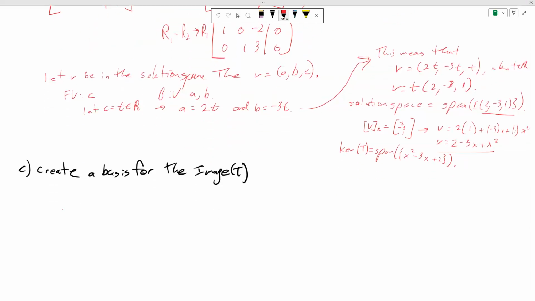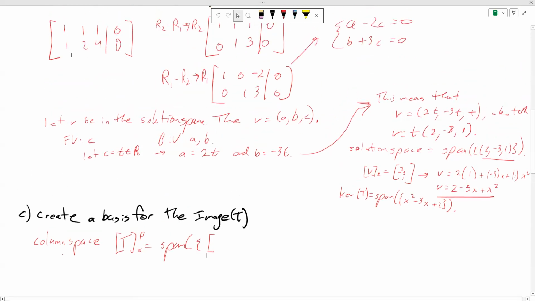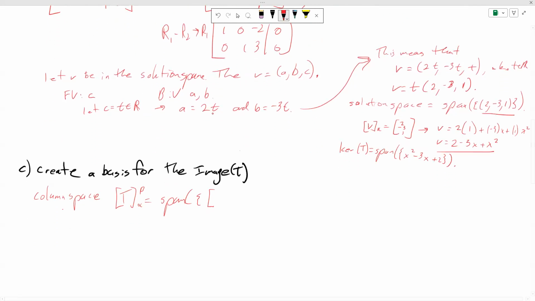So the column space for T alpha beta equals the span, and we only take those column vectors corresponding to the basic variables, which, if we scroll up, are (1, 1) and (1, 2).